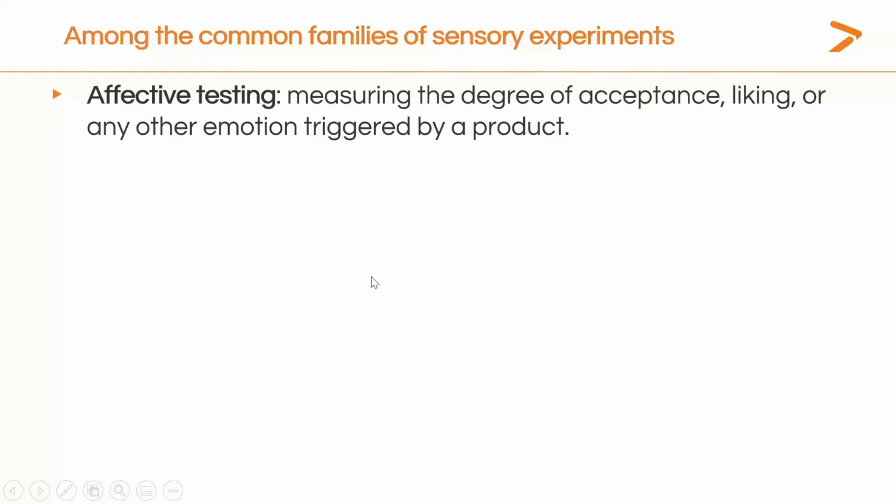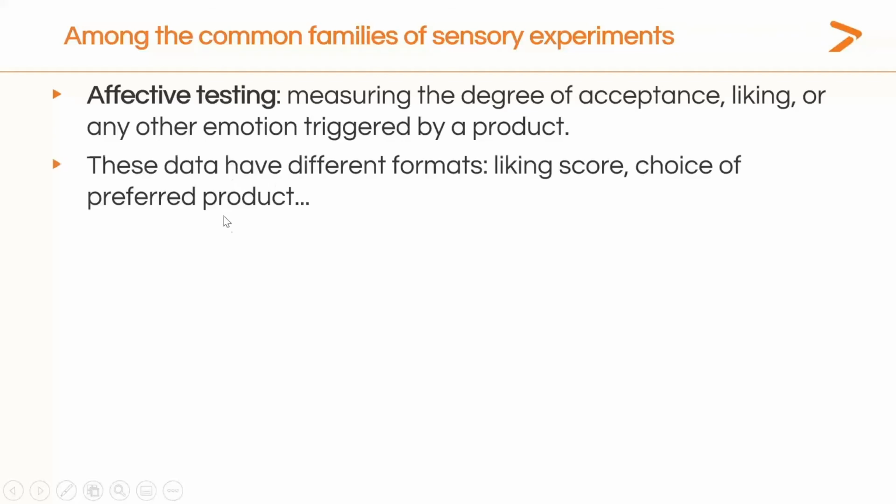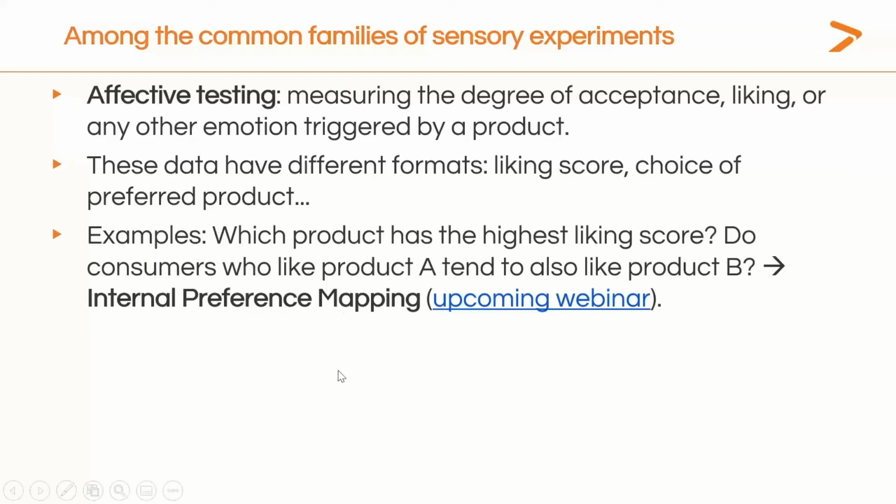So this is the third family of sensory experiments I wanted to tell you about. Affective testing. I've already told you what affective testing is. Affective testing is measuring the degree of acceptance, liking, or any other emotion triggered by a product. And these data have different formats, for instance, liking score or choice of this product over the other because we like it more. And here are the questions we may ask out of these experiments. Which product has the highest liking score?